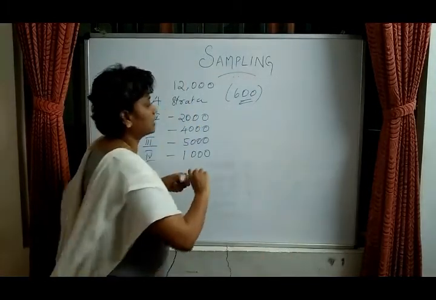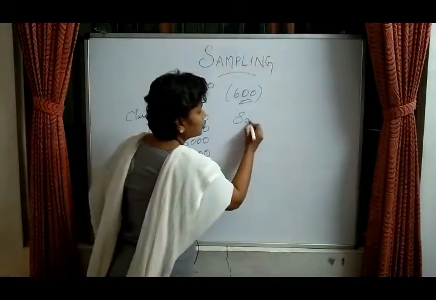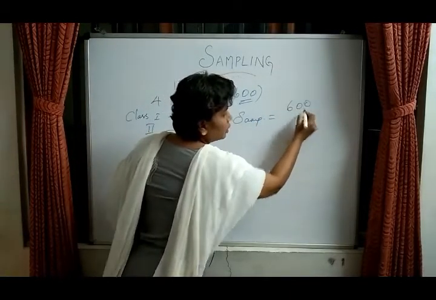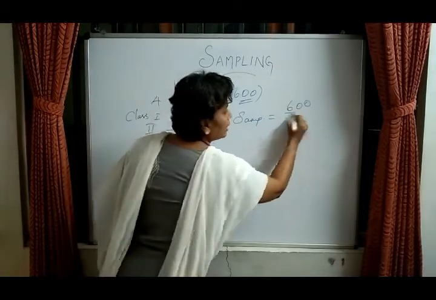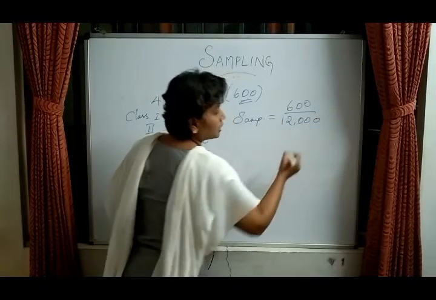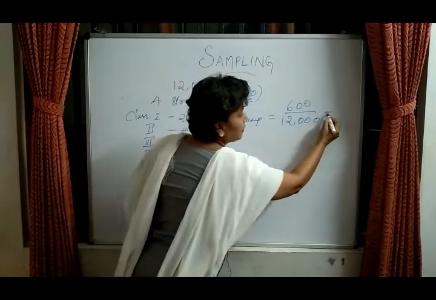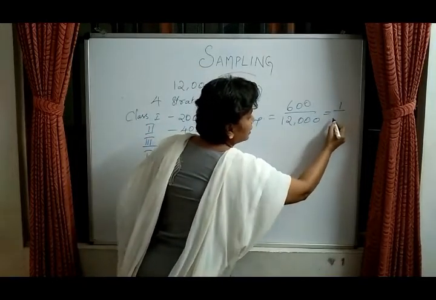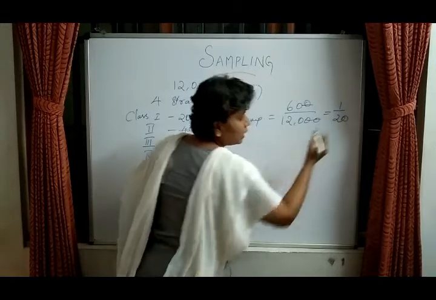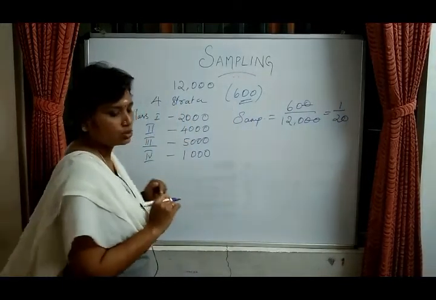Sampling fraction is the sample size we need, 600, divided by the total or target population. The sampling fraction is 1/20.